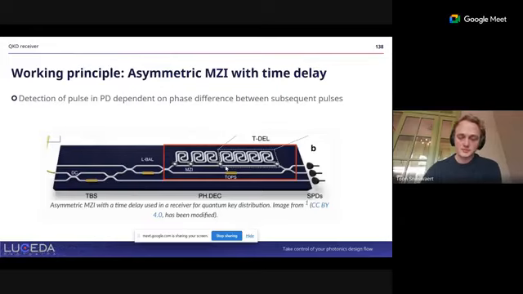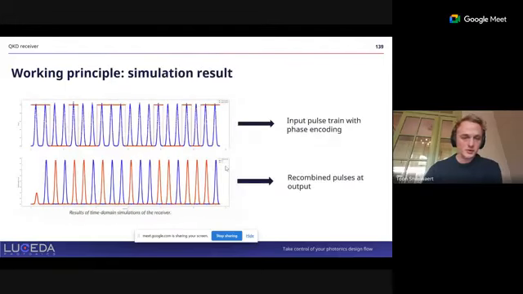When you have the simulation results, you can see this is the input pulse train. These are all qubits with a different phase encoding, either 180 or 0.